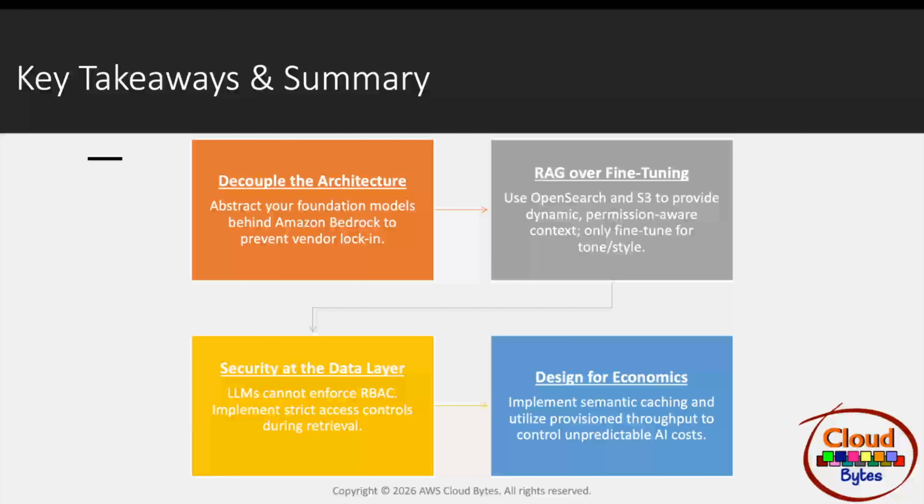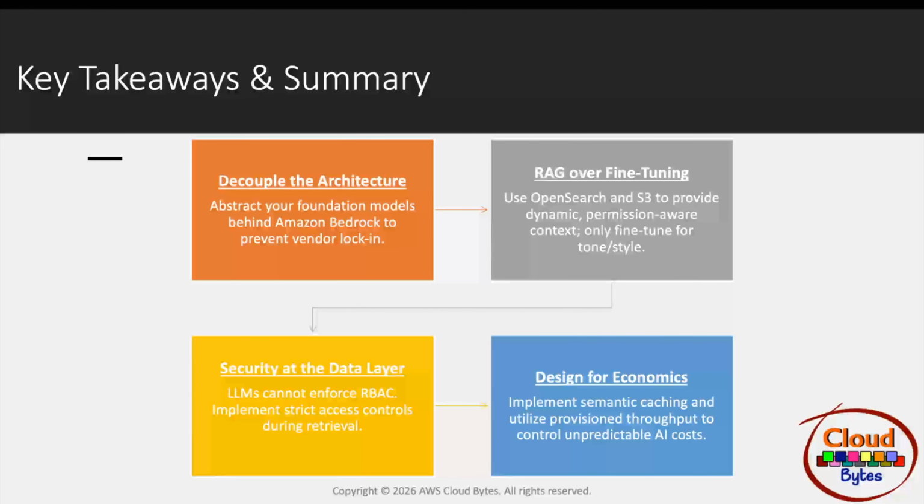To summarize our masterclass, do not let your teams build tightly coupled prototypes. Abstract your intelligence layer using Bedrock. Rely on RAG, or retrieval augmented generation, as your primary pattern for enterprise knowledge and strictly enforce security at the vector database level, not in the prompt.